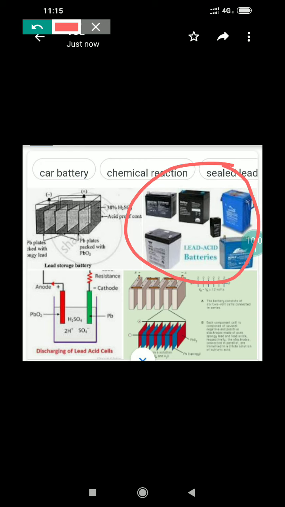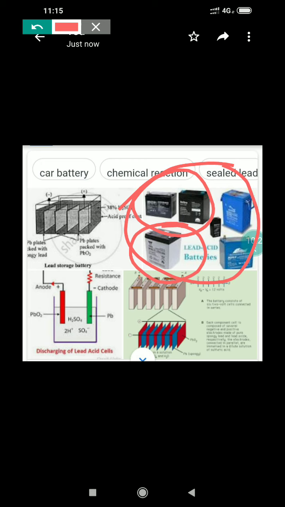A 12-volt lead storage battery is constructed by connecting six 2-volt cells in series, which is used in automobiles and inverters. This is all about the lead accumulator.